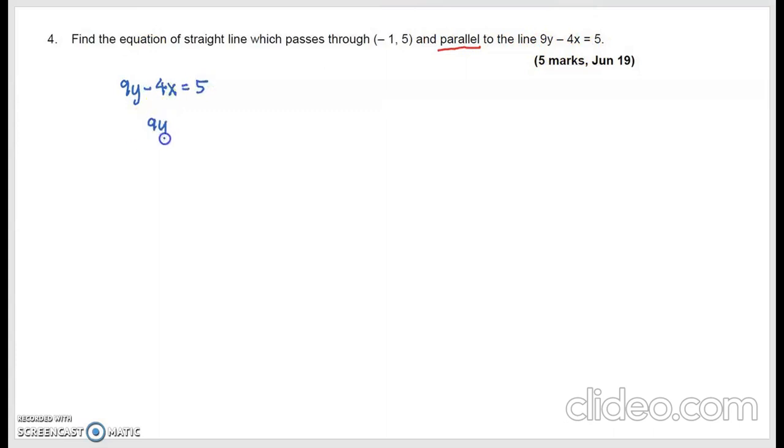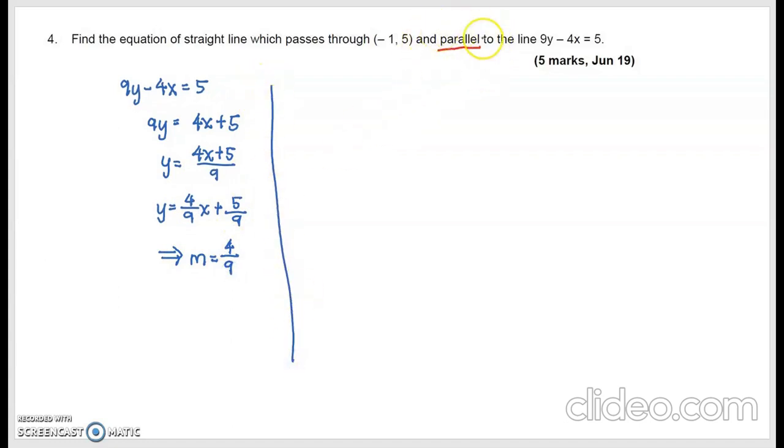So 9y equals positive 4x plus 5. So y equals (4x plus 5) over 9. Or I can separate into y equals 4 over 9 x plus 5 over 9. So in this equation, the gradient will be equal to 4 over 9.